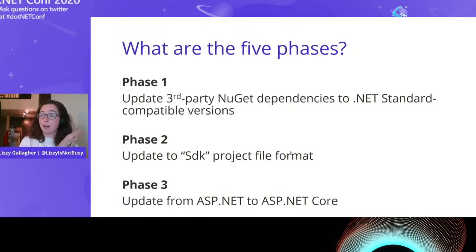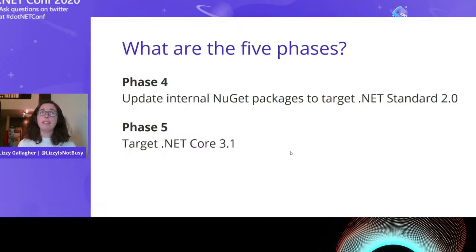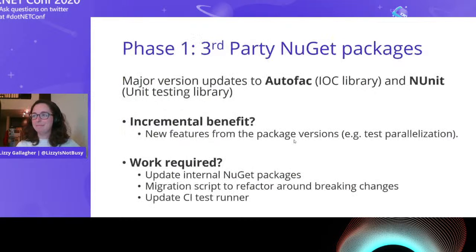The third, updating our web framework from ASP.NET MVC or ASP.NET Web API to ASP.NET Core. The fourth, updating internal NuGet packages to target .NET Standard 2.0. And then the fifth and final one, switching our applications to target .NET Core. So by step 5, we had made it.